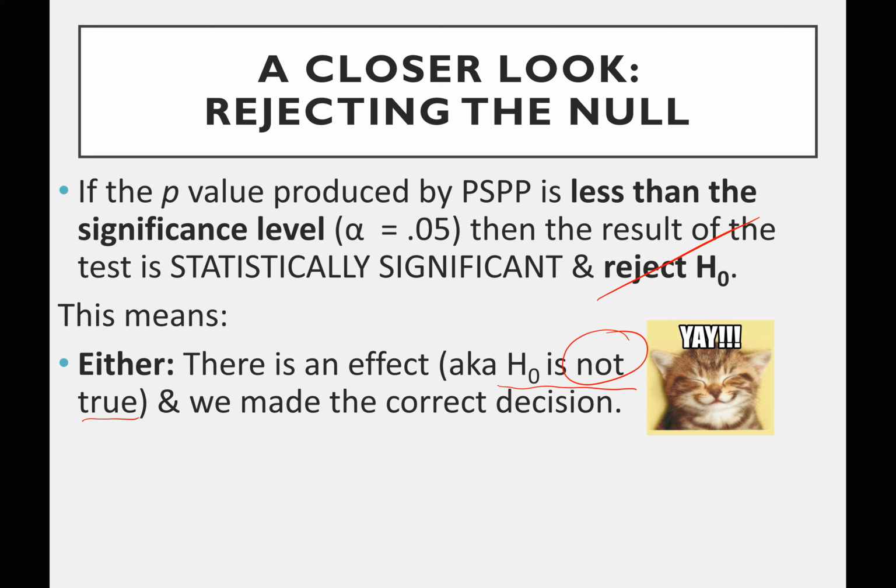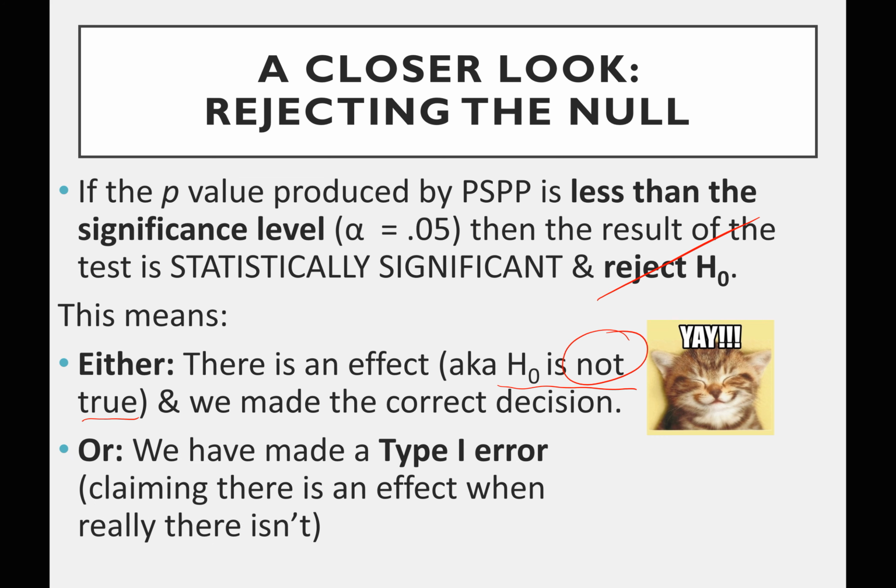However, there's always a chance that we are making the wrong decision. It could be that there really is no effect there and we made a mistake. We found something by mistake that doesn't really exist. It's just a really, really weird sample. In that case, we call that a type 1 error.